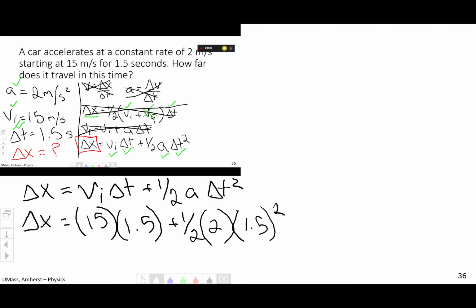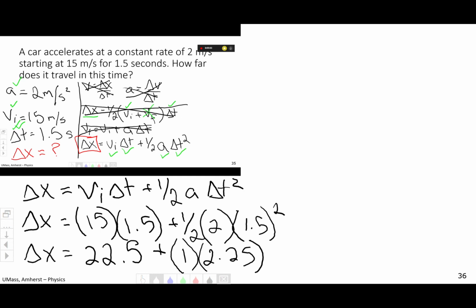Let's start working our way through this. So our delta x equals 15 times 1.5 gives us 22.5, plus 1/2, 1/2 of 2 is 1, and 1.5 squared is 2.25.